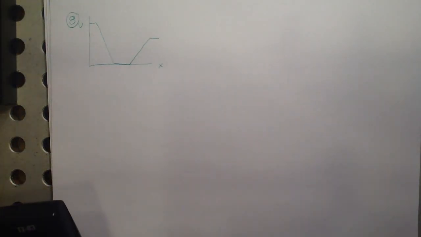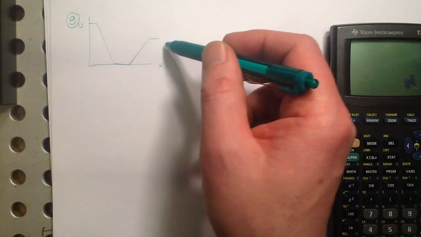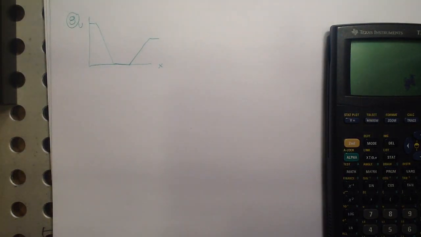So I know some things about graphs like this. I know that the slope of a graph like this is the negative force, so that may come in handy. And I also know just from energy considerations that if I have some total amount of energy, then I can never exceed that amount. So let's see.